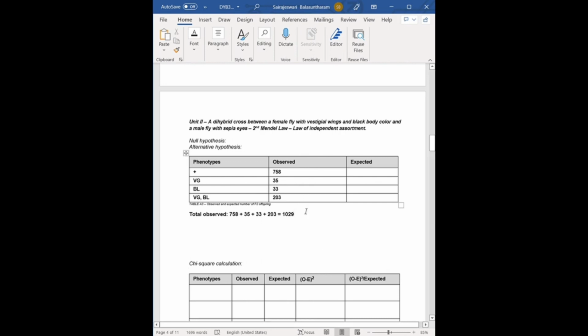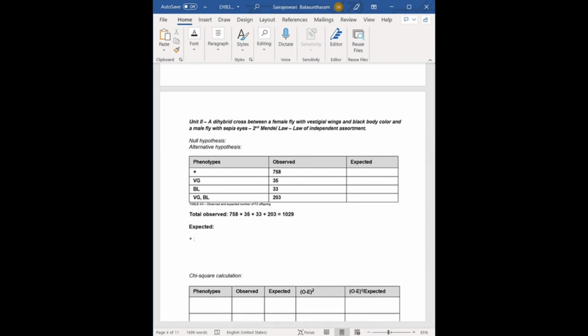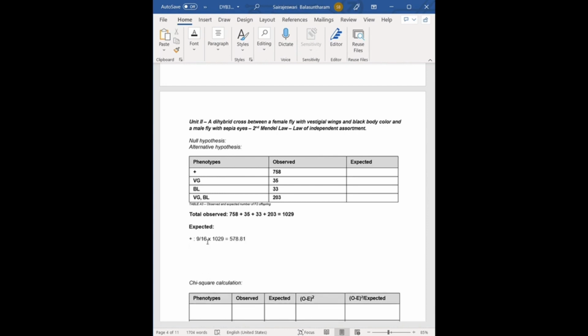So based on the null hypothesis, the ratio is 9:3:3:1. Based on the ratio, we need to find the expected phenotypes. The first one is for wild phenotype. It will be 9/16 times 1029 and you'll get the answer 578.81.